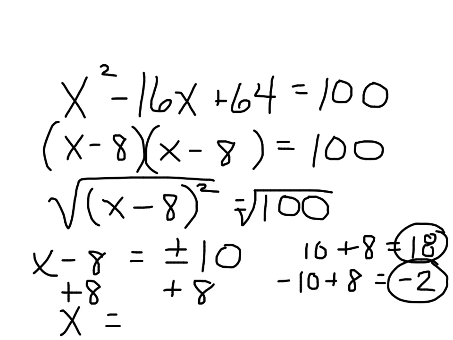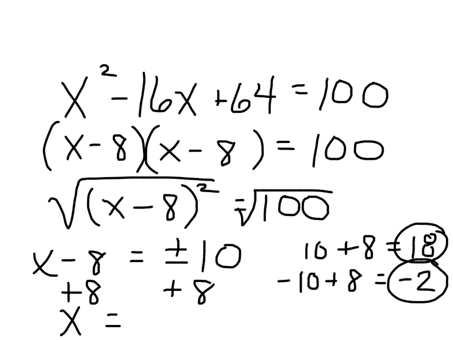Most people do this also. Before they split it up, they say 18 and then they say it's plus or minus 18. That's not true either. If I put negative 18 back in the original x, that's not going to equal 100 on the left side. What I'm saying by getting 18 and negative 2, if you want to check this, you can put 18 in for x. 18 squared minus 16 times 18 plus 64, and you should get 100.